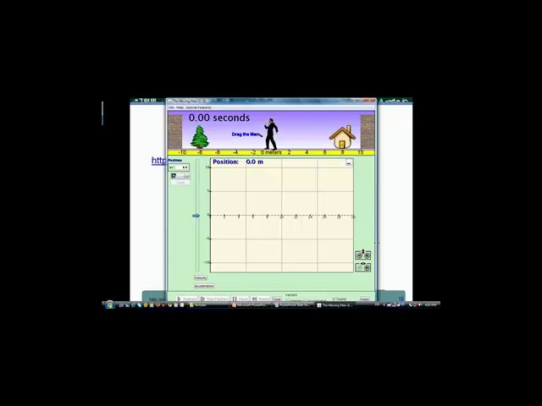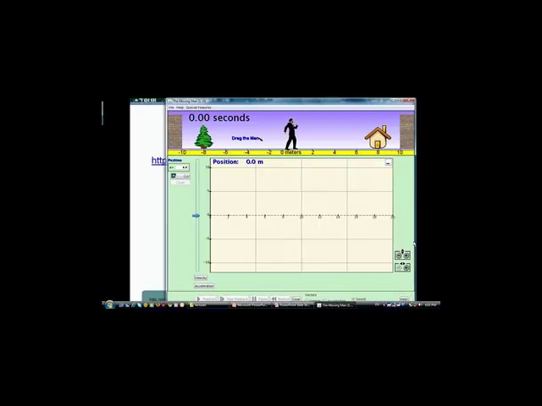Okay, and now I'm going to extend this a little bit. Now what we have is a person here, and it tells us we can drag that person. And as we drag the person, we can see the position versus time graph.